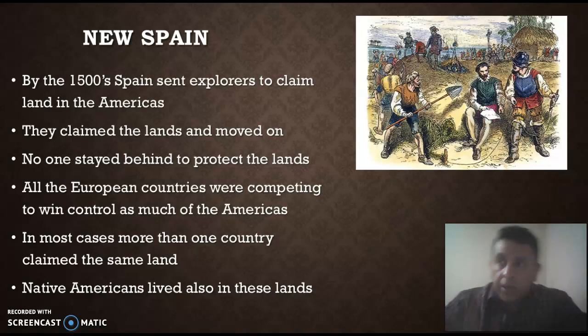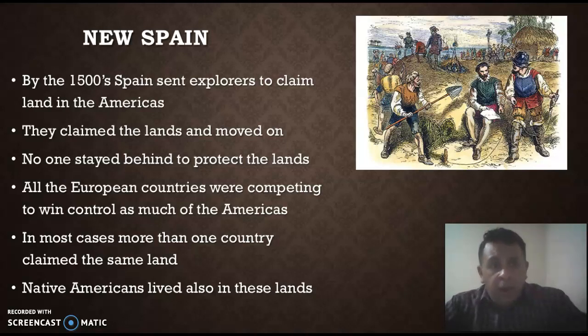Every time they said, okay, I'm here in Florida, this belongs to Spain, there would be another nation, say for example the British, that would also come and say, hey, this land belongs to us. So it was just a problem because they just claimed the land and tried to keep on moving to the next areas inside the continent. So no one stayed behind to protect those lands, okay?